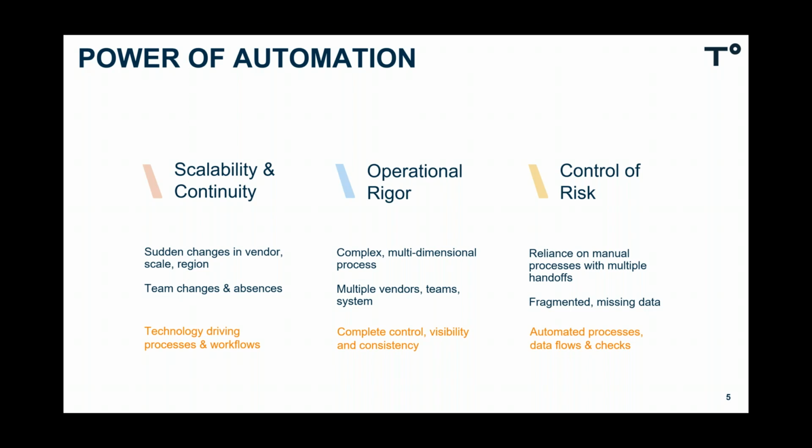And we talk a little bit about the power of automation and what automation can bring to your organization. And really it boils down to three main areas: scalability and continuity, operational rigor, and control of risk. Really, when you have technology and tools in place, you can really start driving your processes in an automated way. That ensures complete consistency.